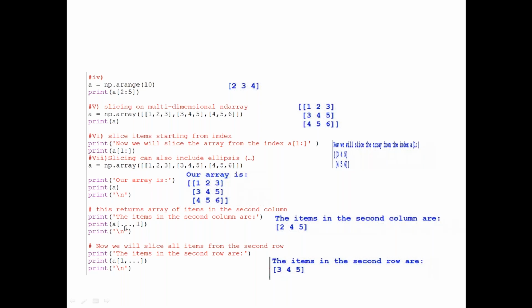Instead of keeping it blank, I can give 3 dots. That is called ellipsis. So ellipsis is nothing but all the rows I want. 3 dots, comma, which column do you want? 1 I want. That is the reason from column 1 you can see 2, 4, 5. From an index point of view, column 1 is nothing but the second column.